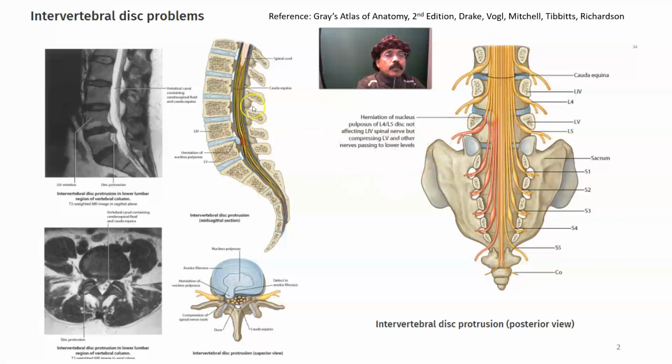It begins at the level of the lower border of lumbar vertebra 1 from the conus medullaris, and this is the collection of nerve fibers called Cauda equina. So any lesion, any tumor, any injury, any hemorrhage in the vertebral canal compromising the nerve roots will lead to Cauda equina syndrome.